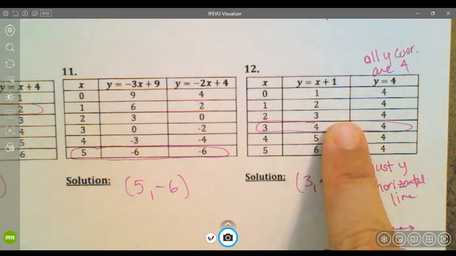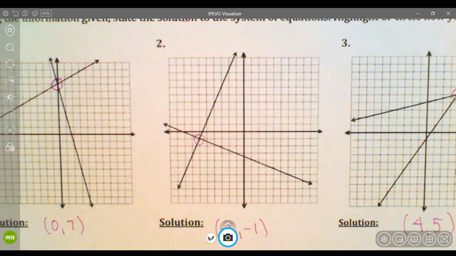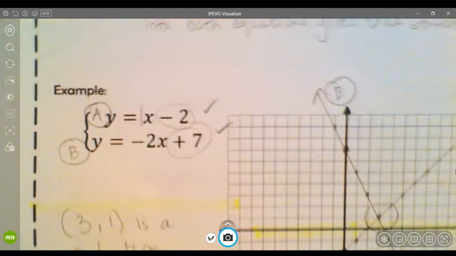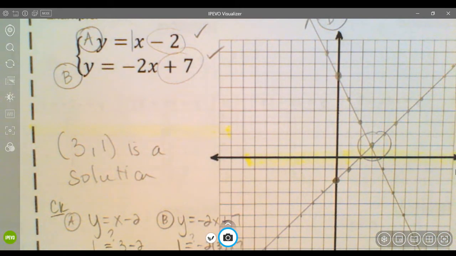I've already shown you in the table, and I've shown you when I've given the graph. You be ready to actually create the graph. And if you're not feeling the graph, I'll show you other methods to solve without graphing. And that's my intro to systems.